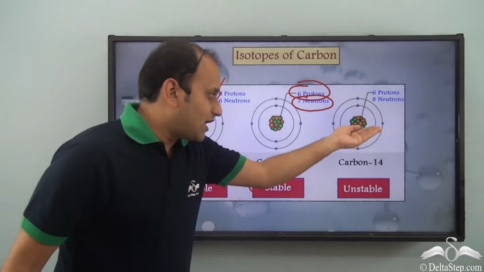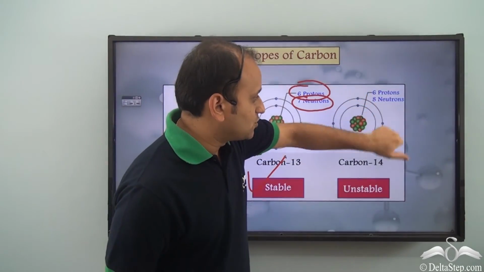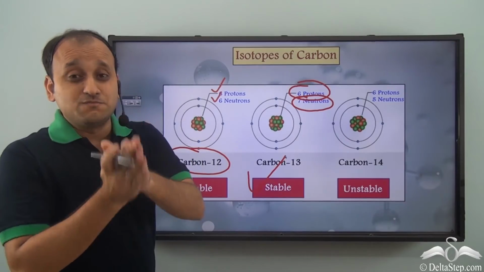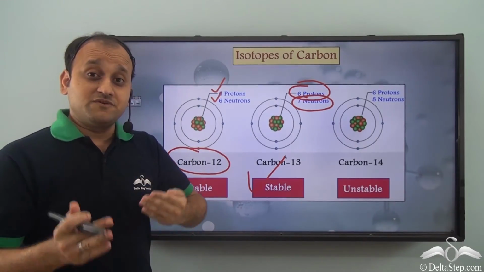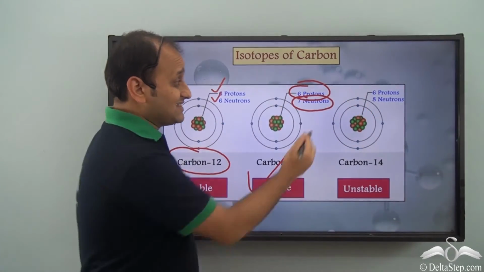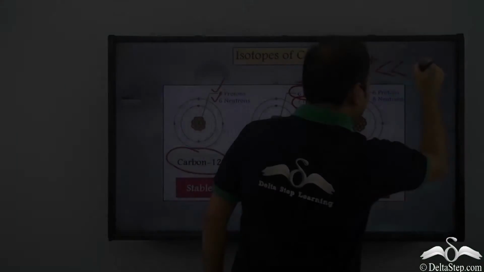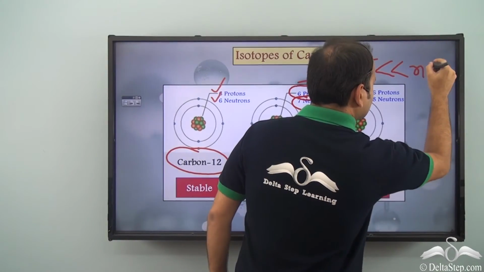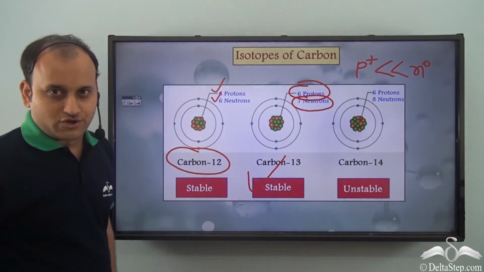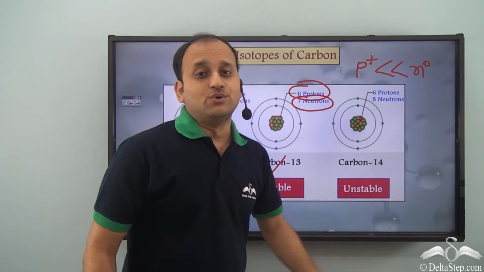But as we come to carbon-14, what is happening? Again, we have 6 protons but 8 neutrons. Because the number is very small, even the difference between 8 and 6 is pretty large in this case. So, we can say that in this case, the number of protons is much less than neutrons, and as a result we have an unstable nucleus.